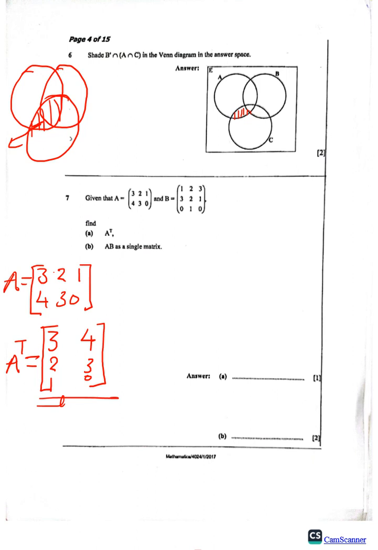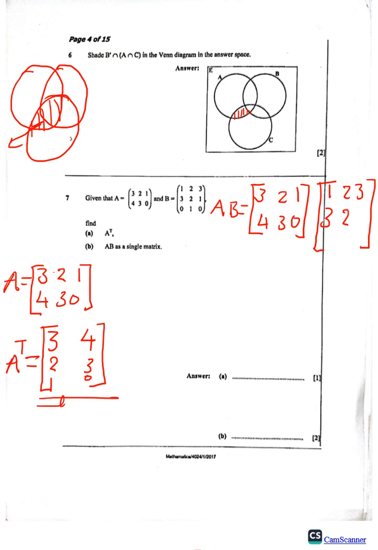Now let's look at AB as a single matrix. Let's first begin by finding our AB. Matrix A has 3, 2, 1, 4, 3, 0. Matrix B has 1, 2, 3, then 3, 2, 1, then 0, 1, 0.